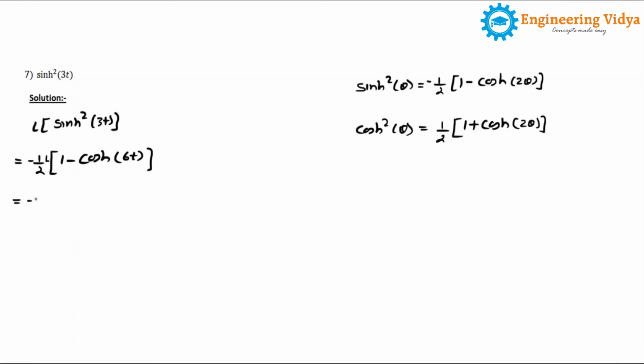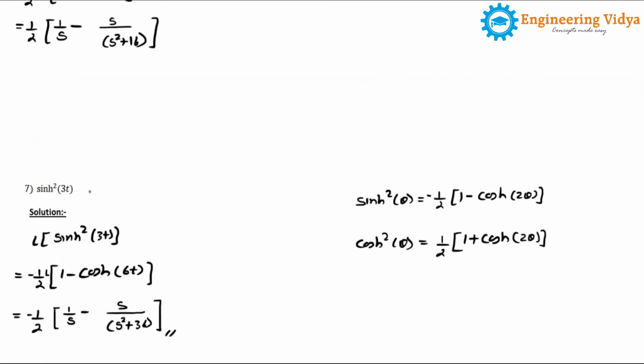And then after that we'll write minus 1 by 2, and the Laplace transform of k is k by s. So the Laplace transform of 1 will be nothing but 1 by s, and similar way the Laplace transform of cos hyperbolic of 6t will be s upon s square minus, and the square of 6 will be 36, right? So 36 is going to come over here. So here we can say this is the final answer, right? So here we have solved the problem number 7 also.